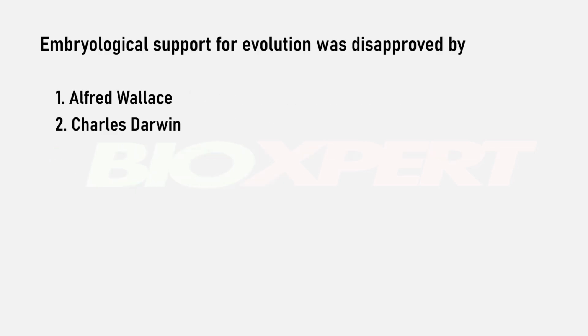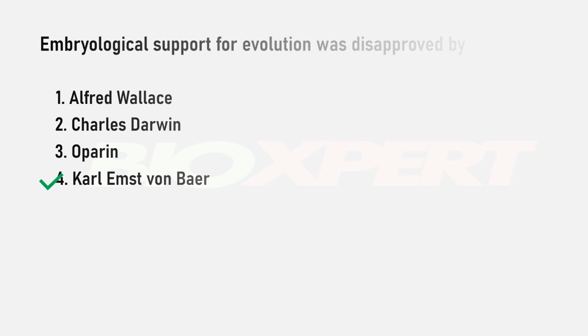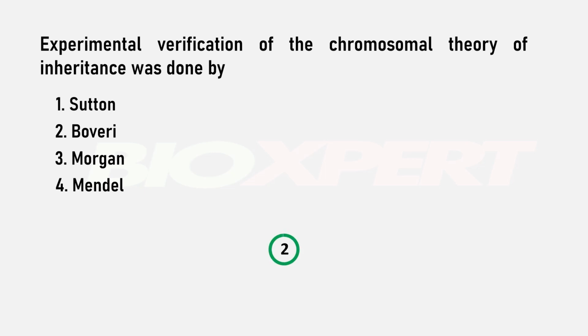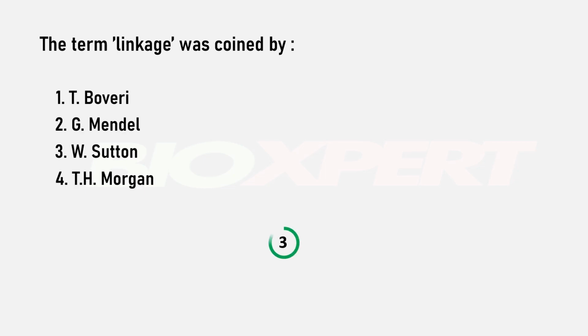Embryological support for evolution was disapproved by Carl Ernst von Baer. Experimental verification of the chromosomal theory of inheritance was done by Morgan. The term linkage was coined by T.H. Morgan.